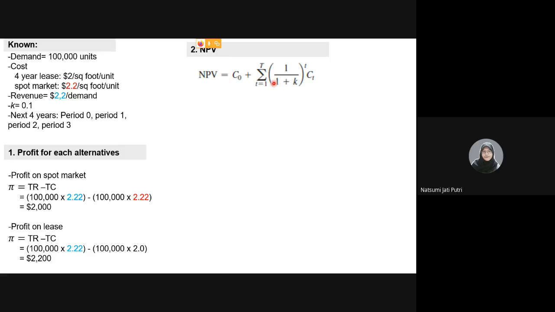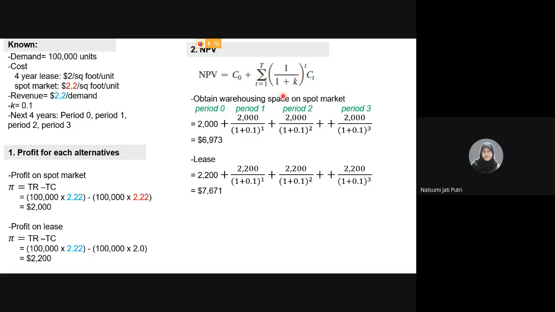The formula is here. To make it clear, maybe we can just move on. So for each alternative, we compute the NPV. For the first one, when we obtain warehousing space on the spot market, we compute like this: period 0, period 1, period 2, and period 3.